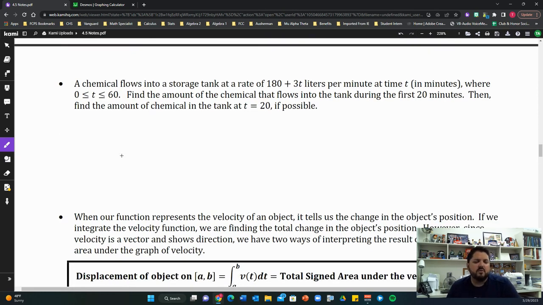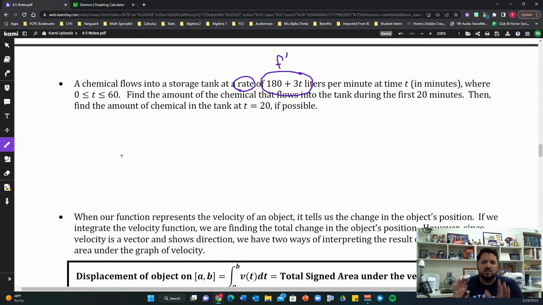So first one here says, a chemical flows into a storage tank at a rate of 180 plus 3t liters per minute at time t in minutes. So as soon as you hear the phrase rate, or units that say something per something, that is your clue that this is our derivative. It's like our f prime.